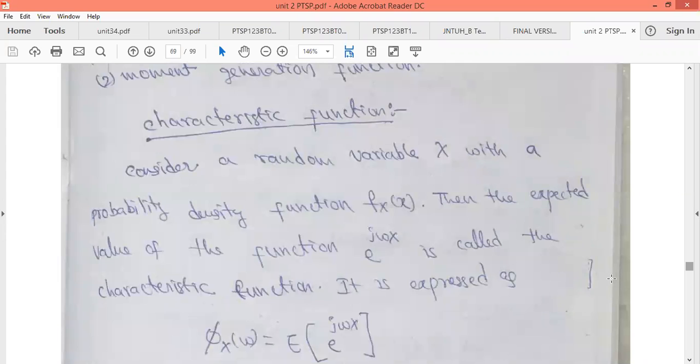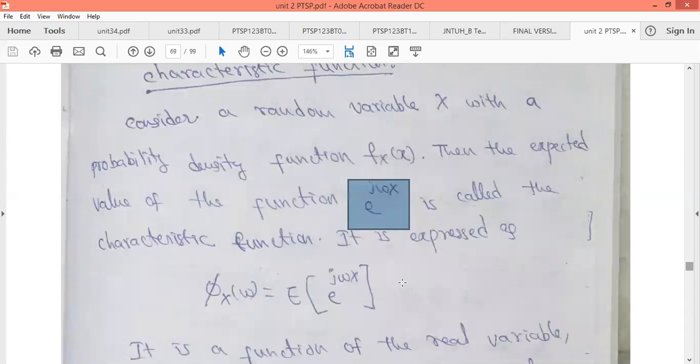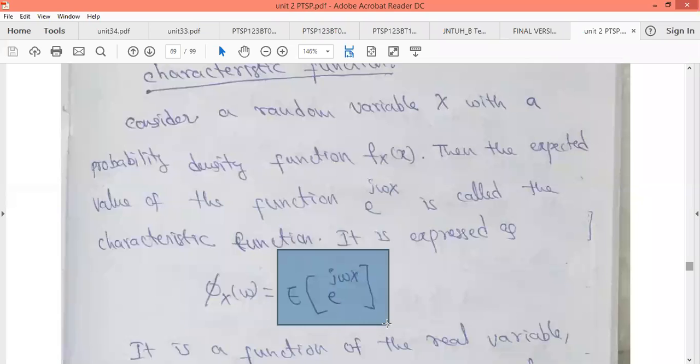Consider a random variable X with the probability density function f_X(x). Then the expected value of e power j omega x is called the characteristic equation. We denote it as phi_X(omega). The formula to find the characteristic equation is the expected value of e power j omega x, where X is a random variable.